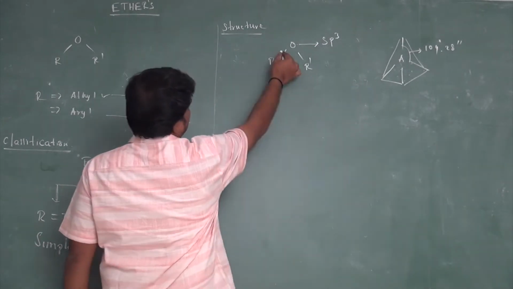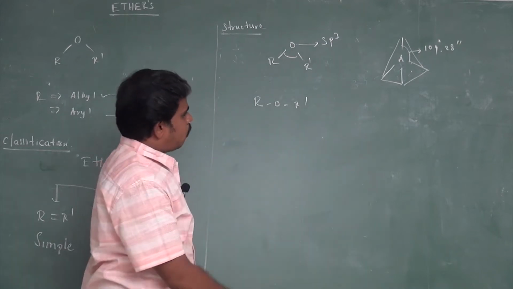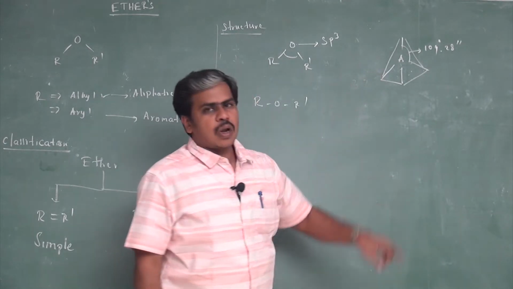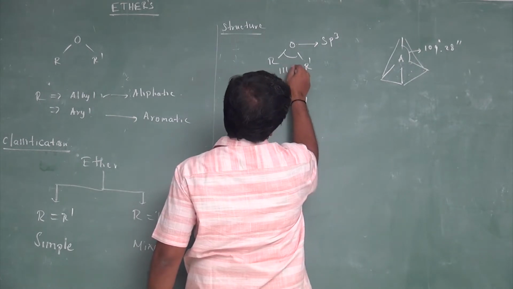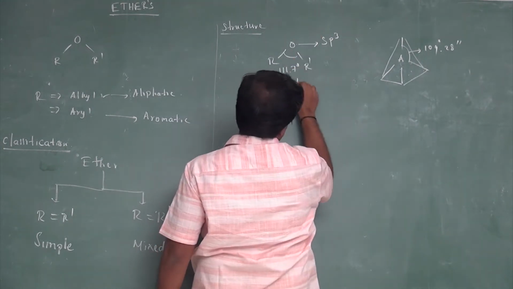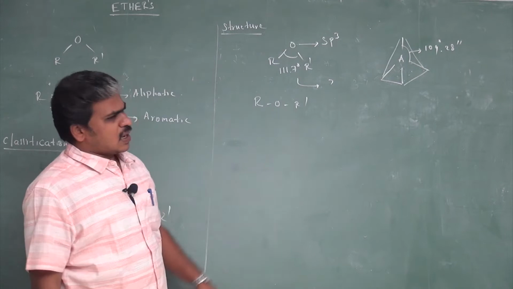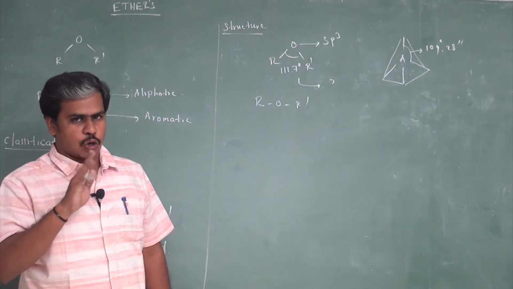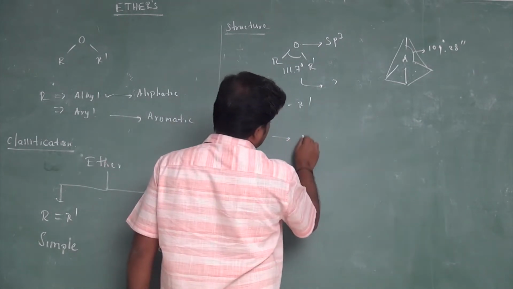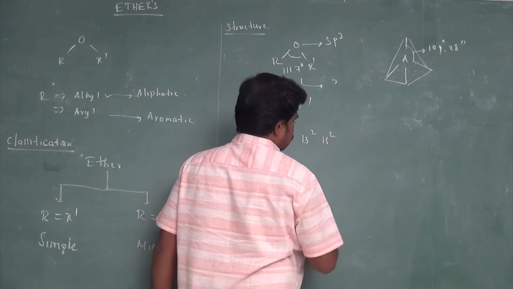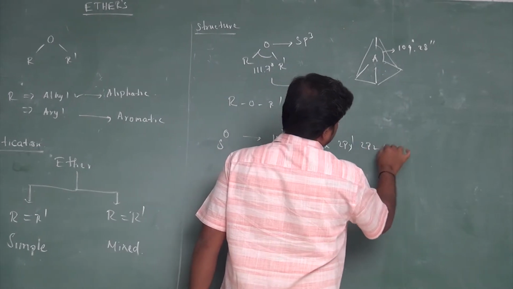Now the bond angle of R, O, R dash is not 109 degrees 28 minutes. It has extended to 111.7 degrees. Why? Oxygen has two lone pairs. Oxygen's atomic number is 8, and the electronic configuration is 1s2, 2s2, 2px2, 2py1 and 2pz1.